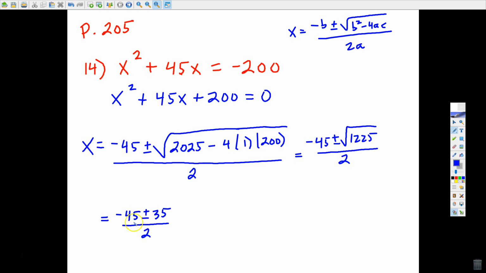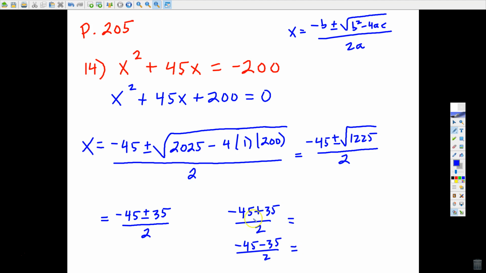We want to go ahead and come up with the two solutions. For example, what is negative 45 plus 35? So we're going to be doing this. Negative 45 plus 35 divided by 2. That's going to be an answer. And then we're going to do negative 45 minus 35 divided by 2.